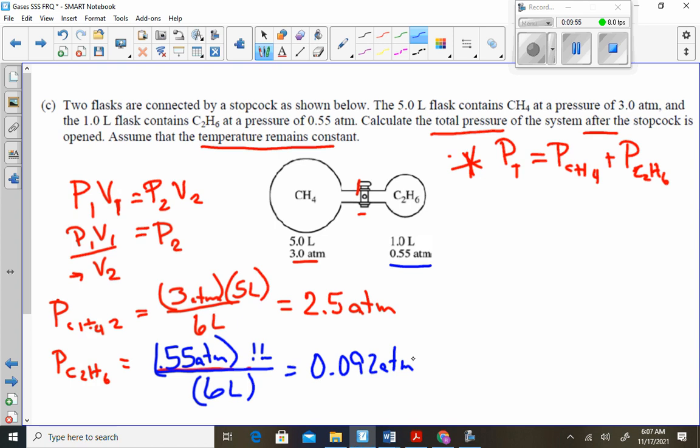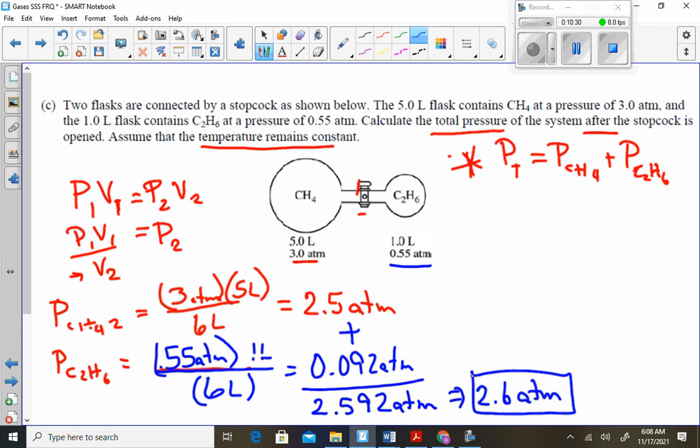So if we add those two up, our 2.5 plus our, actually, let's do it down there. We add these two together, we get 2.592 atmospheres, and when we convert to 2 sig figs, as we did in the other numbers, we get 2.6 atmospheres.